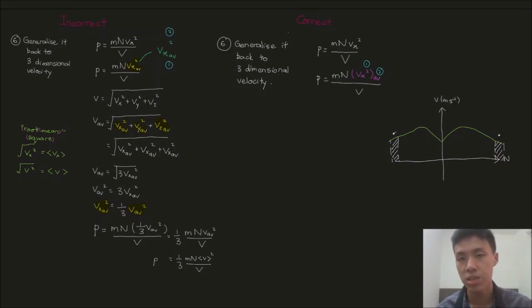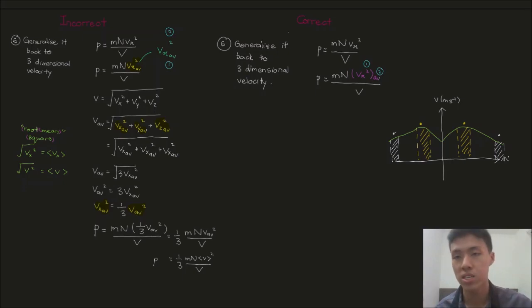The same thing for the middle part. For this area here, moderate speed, the number of particles having moderate speed in the negative direction will be equal to the number of particles having moderate speed in the positive direction. So when you do an average, these two parts will cancel each other out as well.